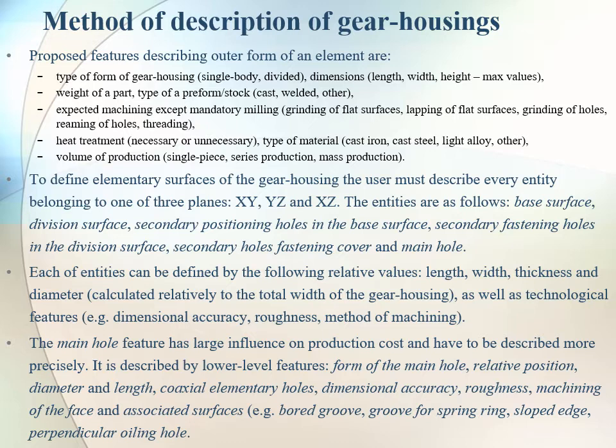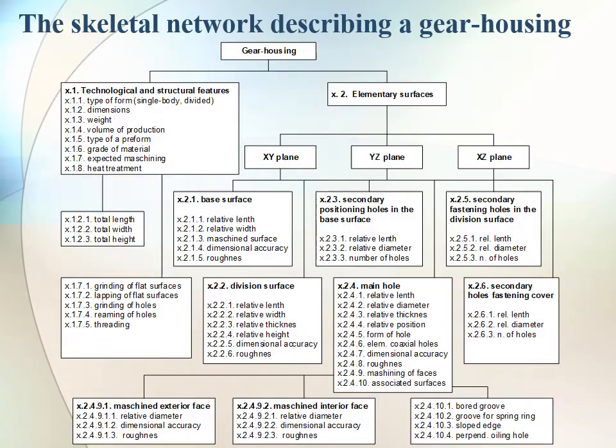And one of those, the main hole, is usually the most important part of a gear housing, so it can also be described with some next lower level features, surfaces. So this is how this semantic network looks like.